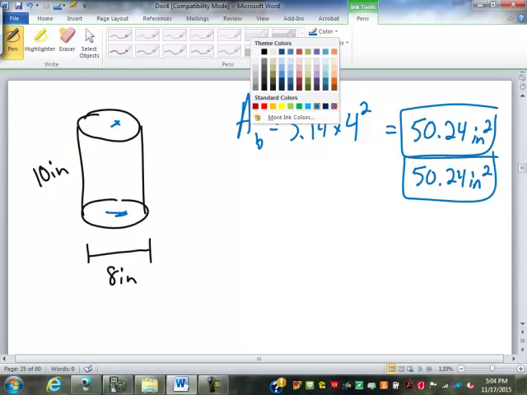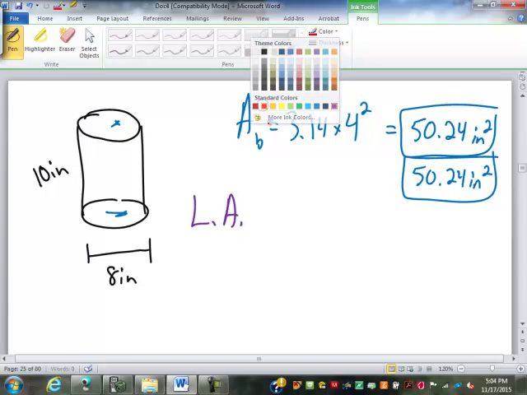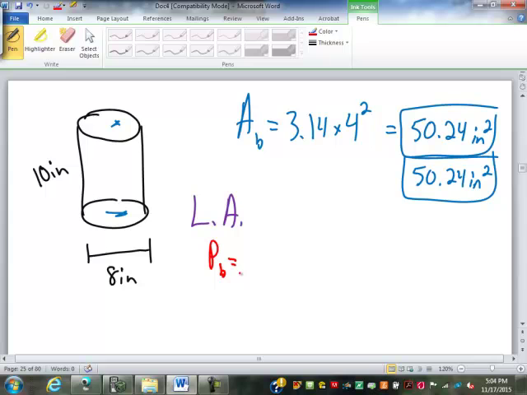The lateral area requires that I have the perimeter of the base. Well, the base of this is a circle. The perimeter of the base is a circumference. How do I find circumference? Pi times diameter. 3.14 times 8 inches is 25.12 inches.